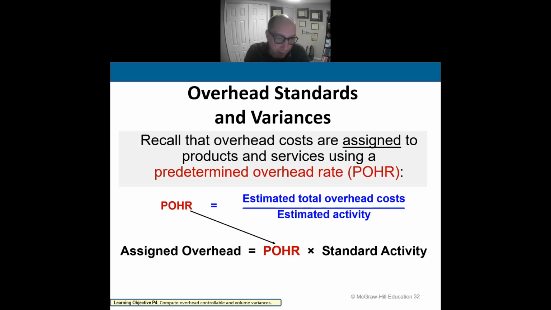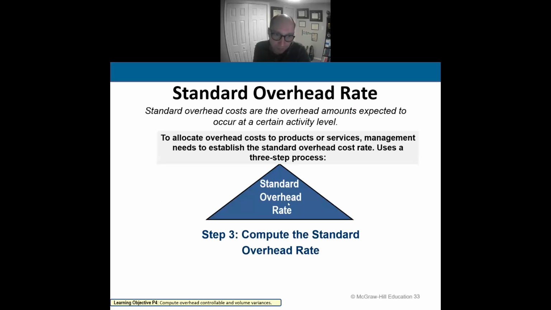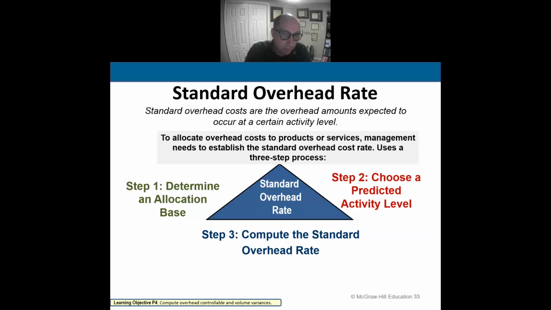To assign the overhead cost, we take the predetermined overhead rate that we found from step one, and we multiply that by the standard activity, standard hours. Step one, to find the standard overhead rate, is we determine the allocation base.